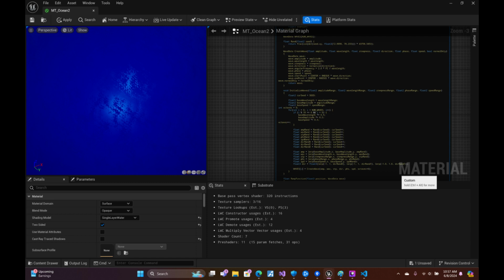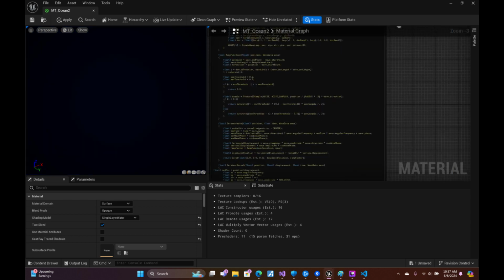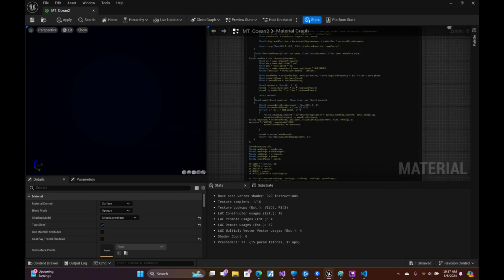So for the first 3 octaves, we'll do that, flagged as true, and for the last we will not.